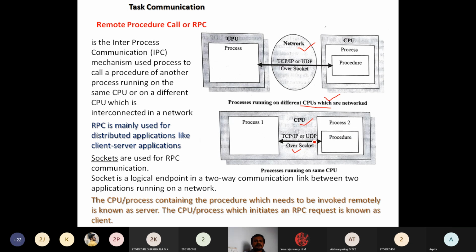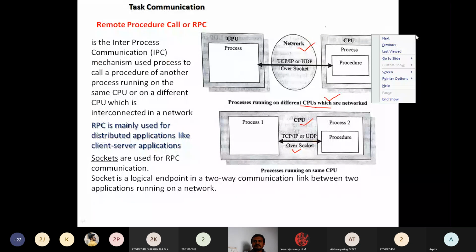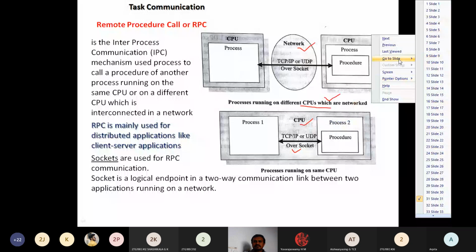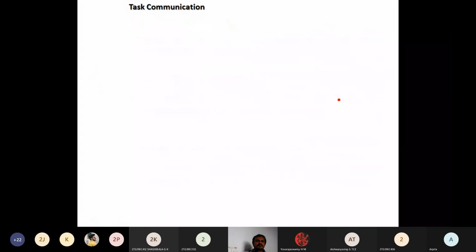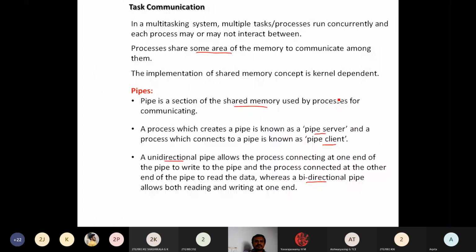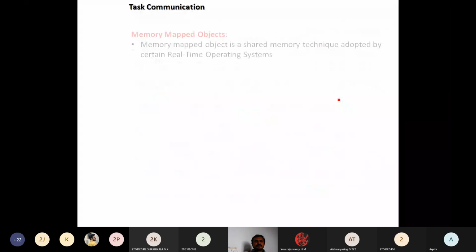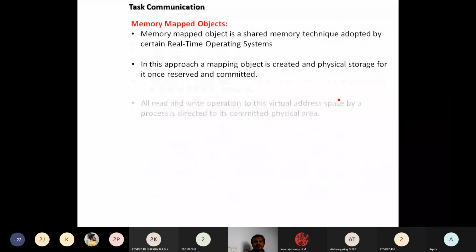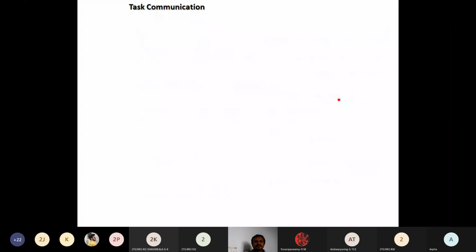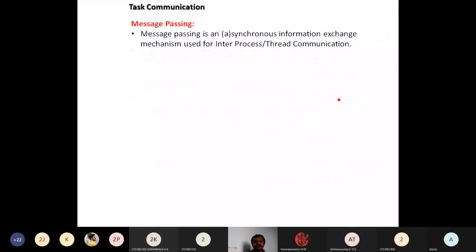The communication is going to happen through remote procedure call, pipes, memory mapped objects, or by message passing.